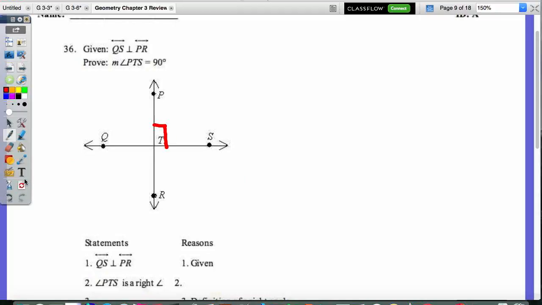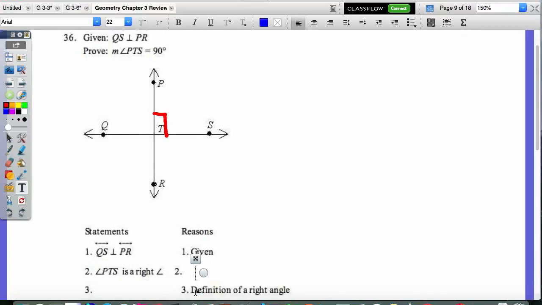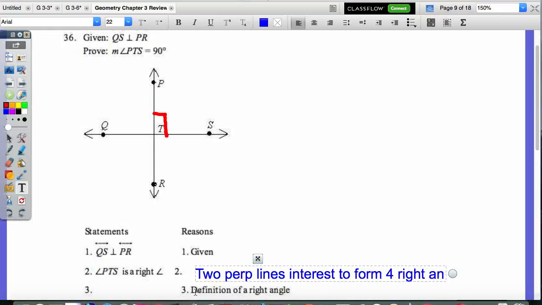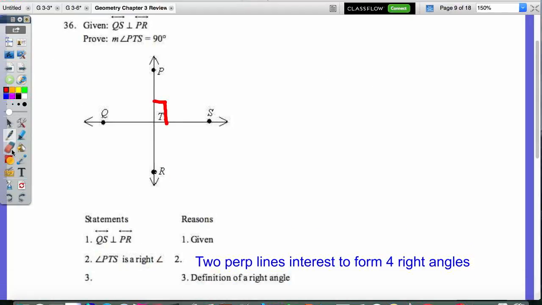I'm going to type here because we learned that two perpendicular lines intersect to form four right angles. And they want to prove that the measure of PTS is 90 degrees. So PTS is 90 degrees. That's what we're proving here. Angle PTS is 90 degrees because that's the definition of a right angle.